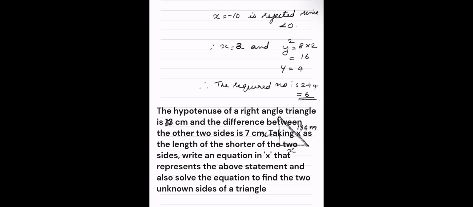So we know this Pythagoras theorem, Pythagorean equation, which is x square plus x plus 7 the whole square equal to 13 square. This is as per Pythagoras theorem, this is our formula, right?